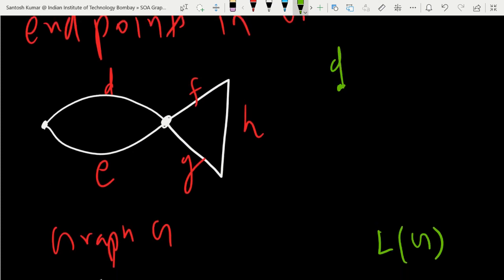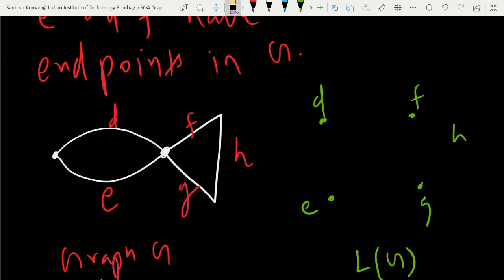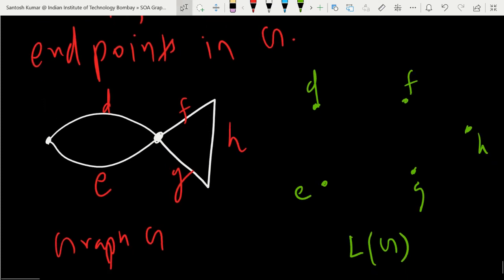So D, E, F, G, H are vertices in the line graph. So the edges of G are vertices in the line graph.